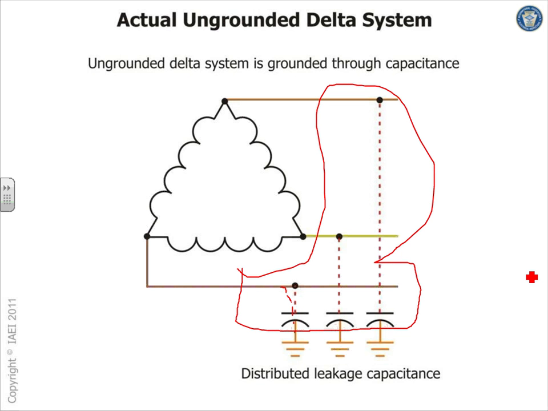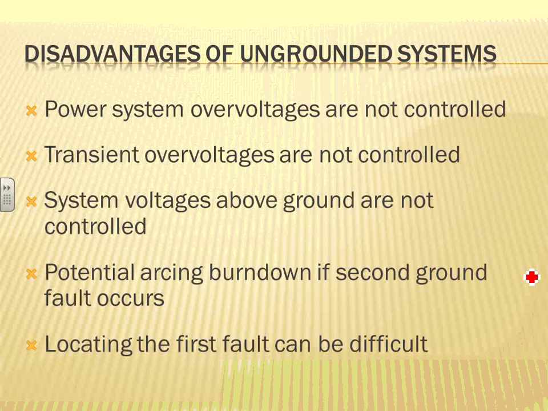A capacitor has a positive and a zero. Here your positive is the hot, phase A or phase B or phase C, and the zero is the ground, the conduit. So that's where capacitive impedance comes from. So you could be zapped from an ungrounded system, get a shock, not as bad as a grounded system though, because of the capacitive impedance.